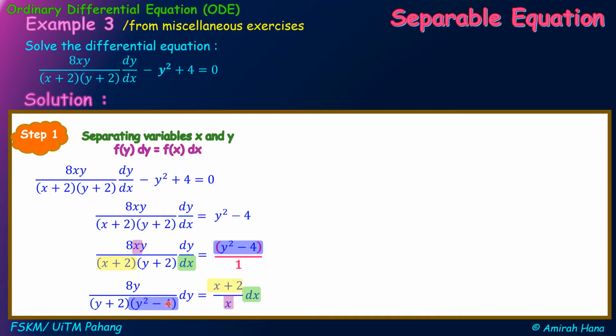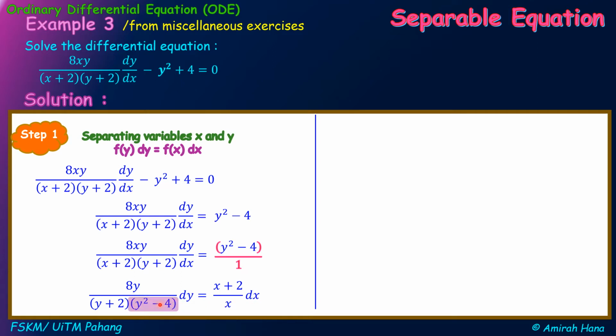Now we complete separating variable x and variable y. Left hand side we have variable y and dy, and right hand side we have variable x and dx. And then from here, we can integrate.